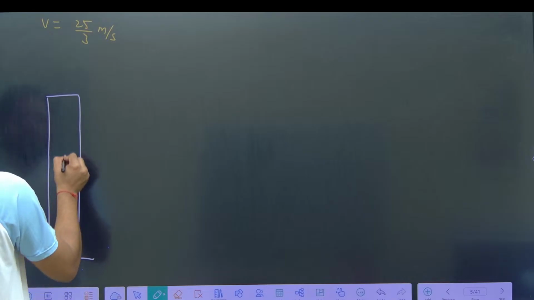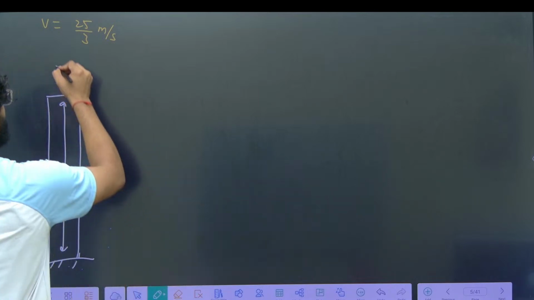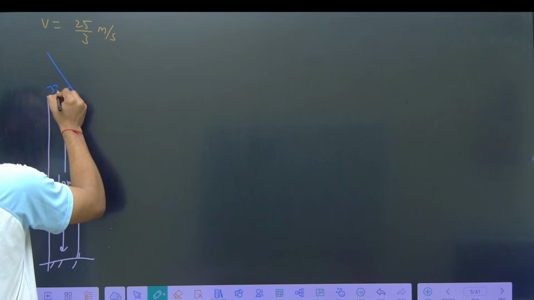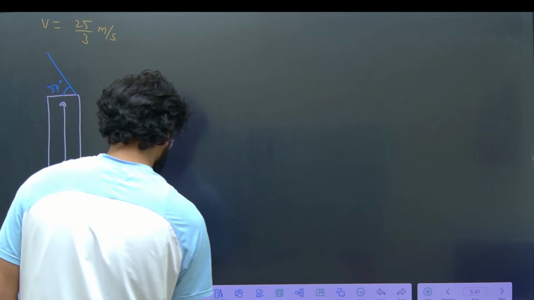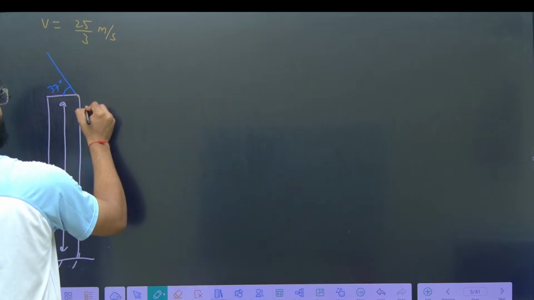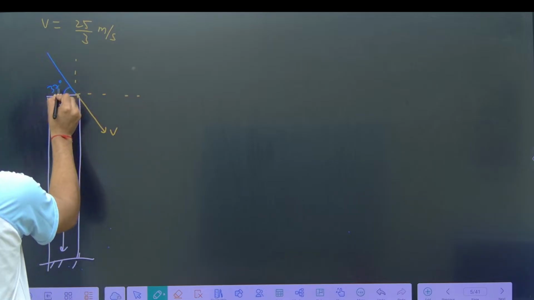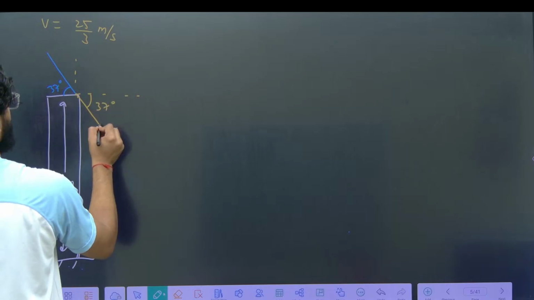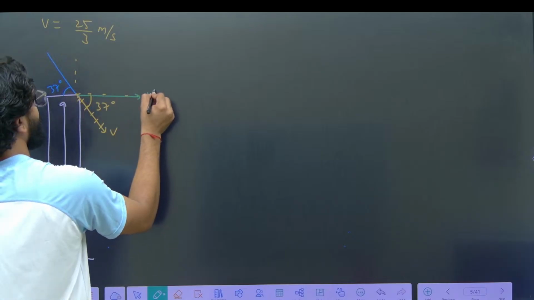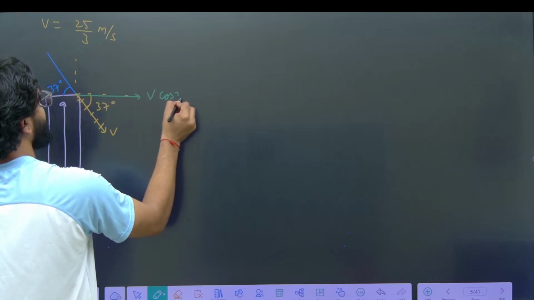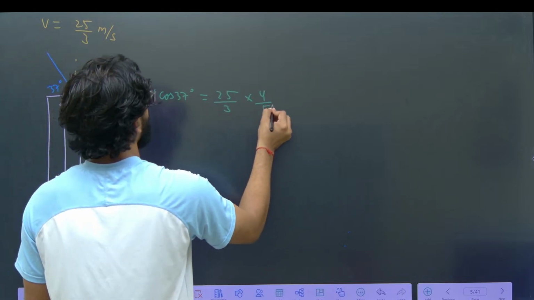This is the tower, which is 10 meter high. This is 37 degree, and V is 25 by 3. If this is 37, this is also 37. So ux will be V cos 37, which will be 25 by 3 into 4 by 5.